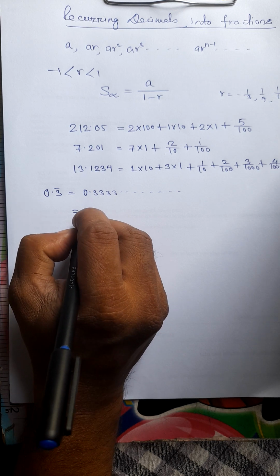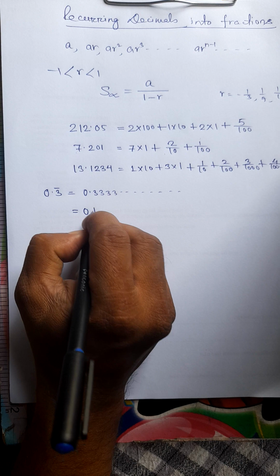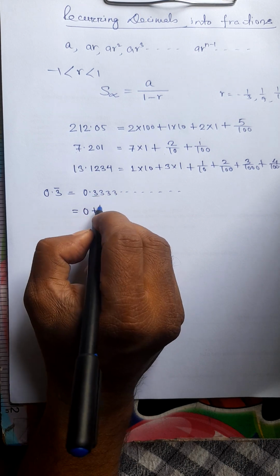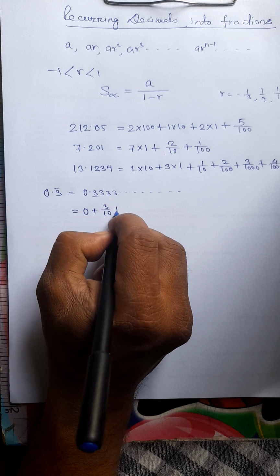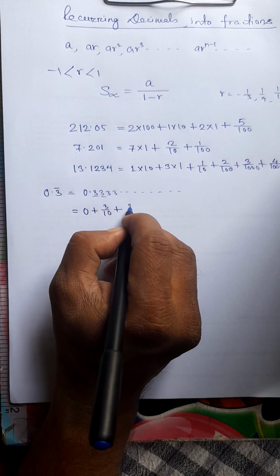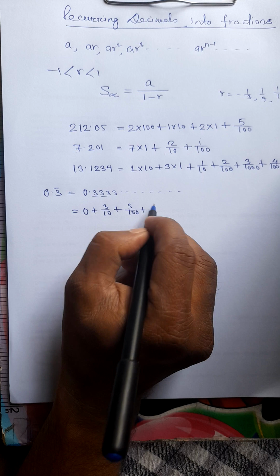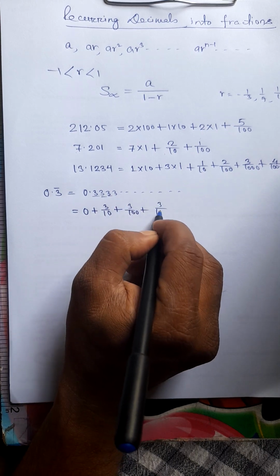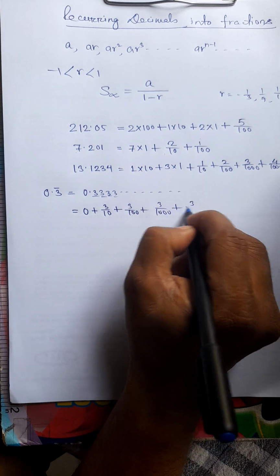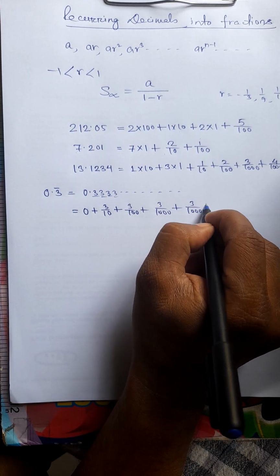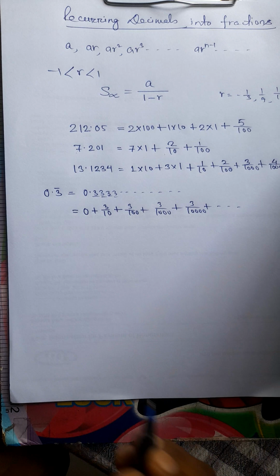You can write it as 0 plus this place is in 10th place, 3 by 10. Next 3 is 3 by 100. Next 3 is 3 by 1000. Next 3 is 3 by 10,000 and so on, right?